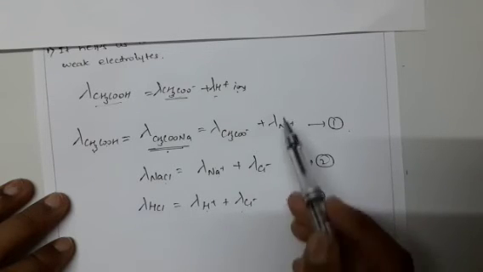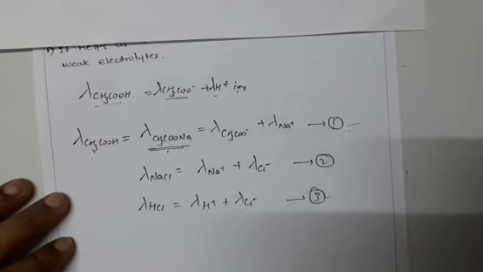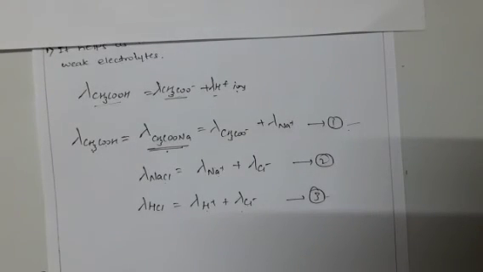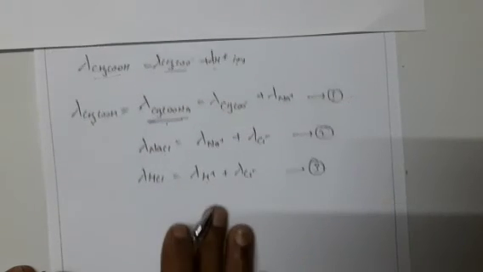There is no common ion. So let's add 1 and 3. For the first and third equation there is no common ion, so we add these equations. We will write the first and third equation here.